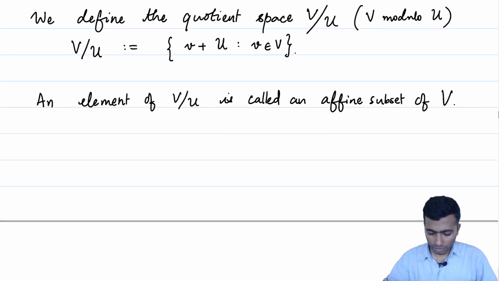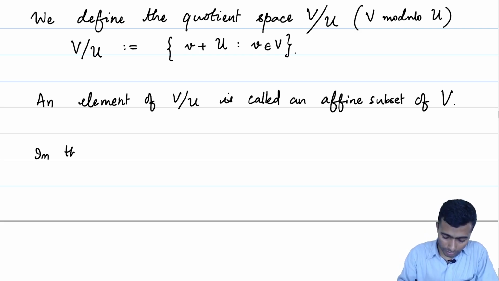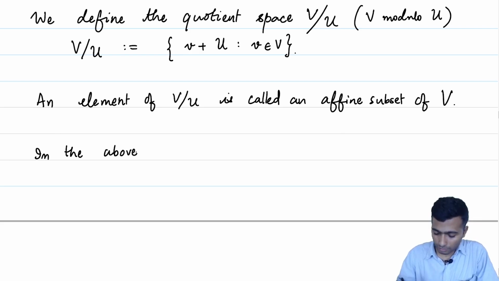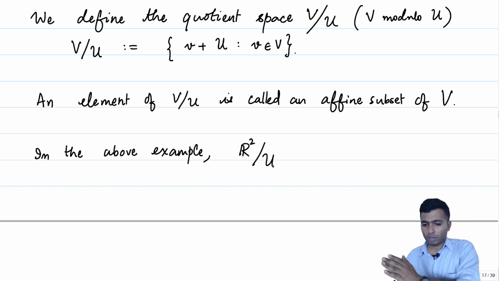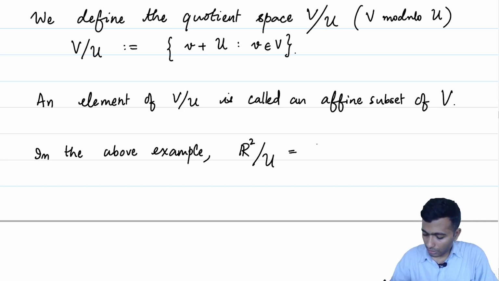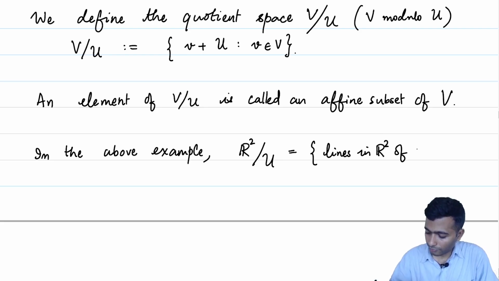Okay, so in the example we just described, what would be V mod U? In the above example, R2 and U is x comma x. R2 mod U will just be all the translates. So, it is going to be the collection of all lines in R2 of slope 1.